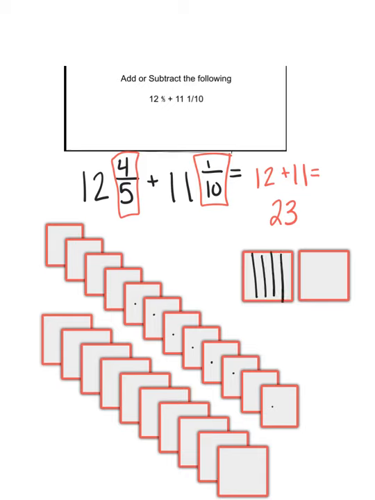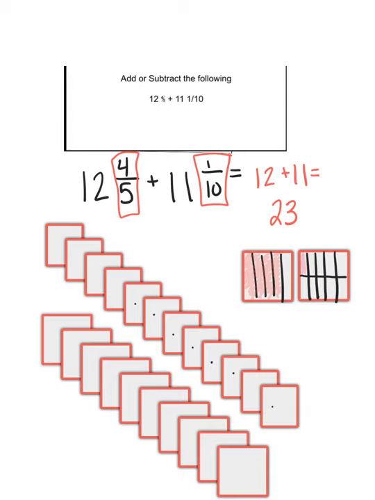So I'm going to shade in 1, 2, 3, 4, and then that 1/5 has to stay blank. Okay. And then on the other one, I'm going to show 1/10. Here I have my 1/10.